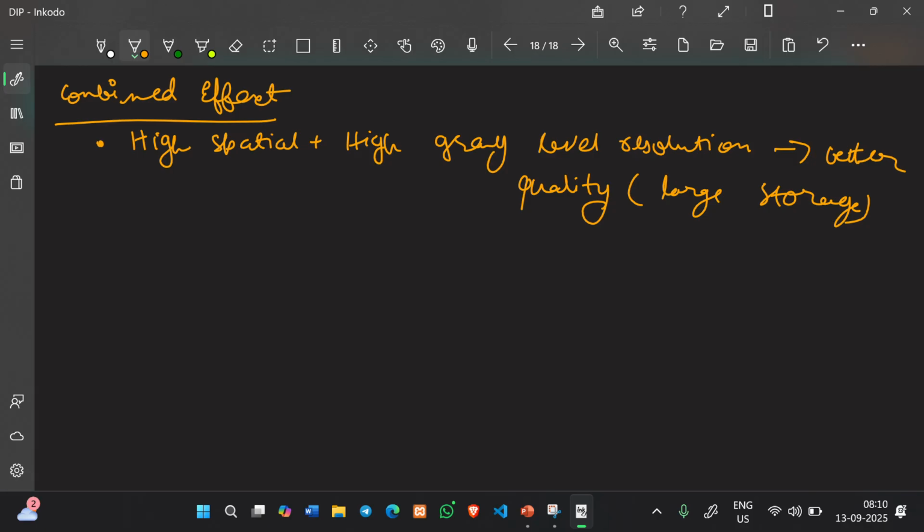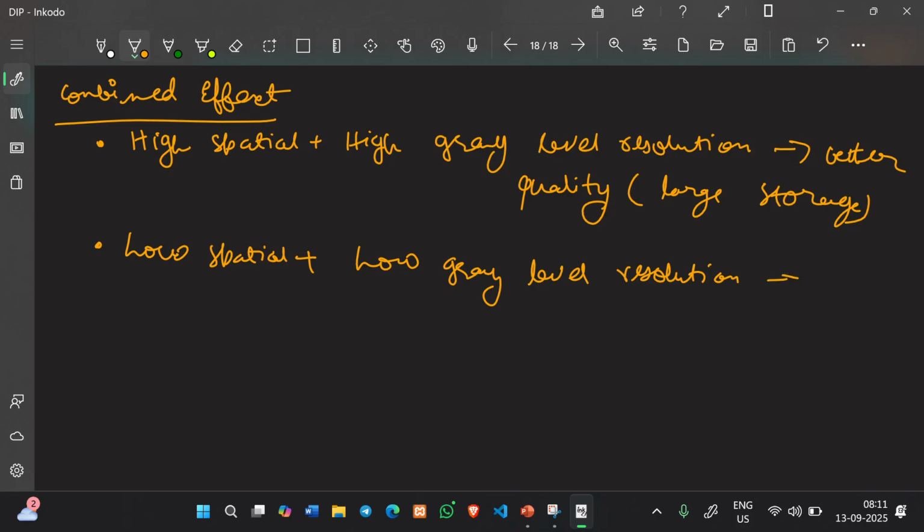And if there is low spatial and low gray level resolution, what will it lead to?